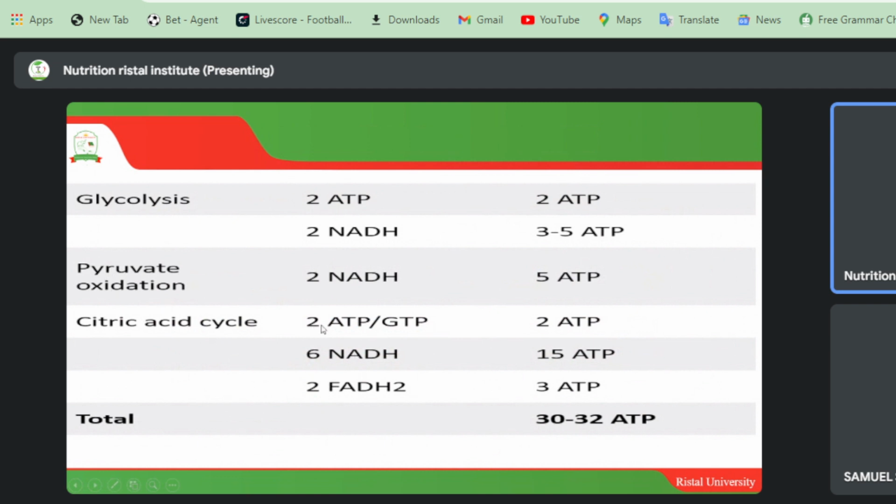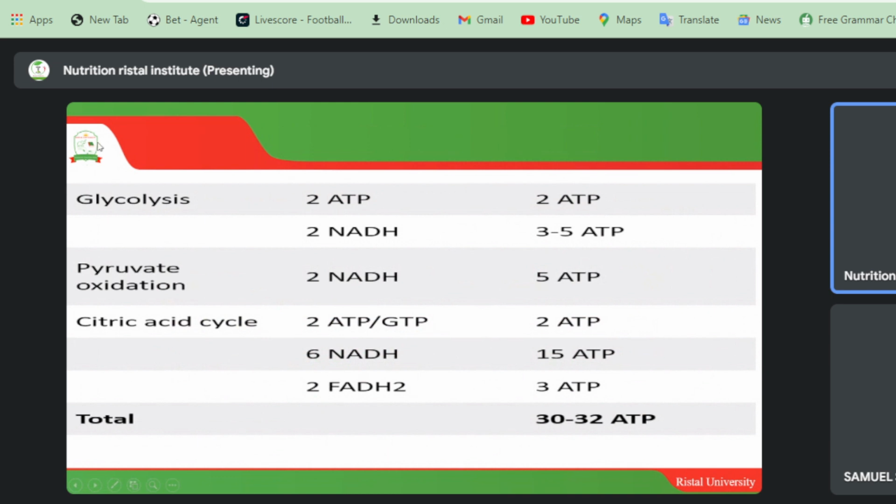And when you come to the Krebs cycle, we have 2 ATP molecules, which is the GTP that we talked about earlier.